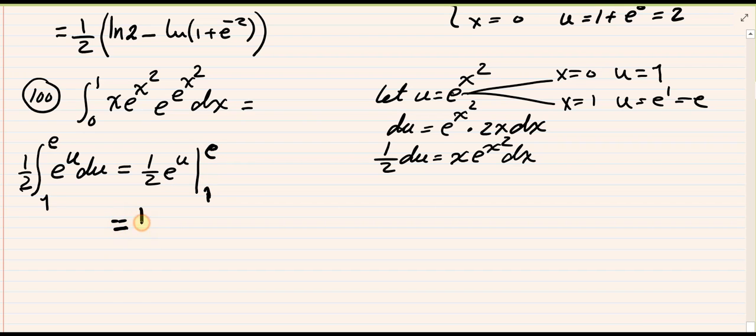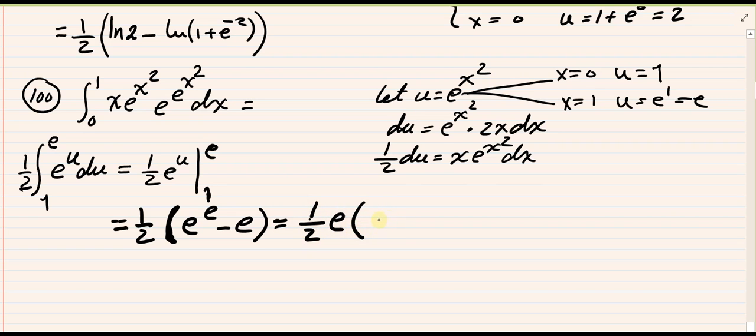So this is going to be 1/2 e to e, right, minus e, and that's what you get. Okay, and we can of course factor e maybe from both terms, so this is going to be 1/2 e times e to e minus 1 minus 1, right?